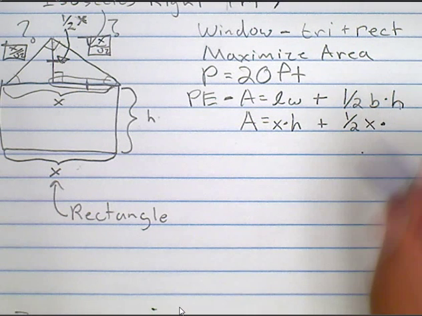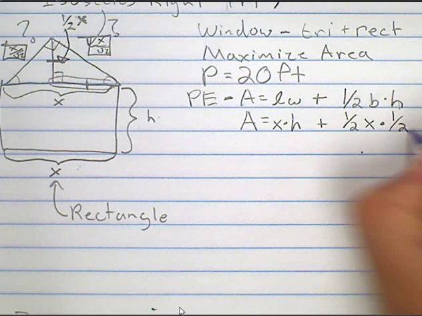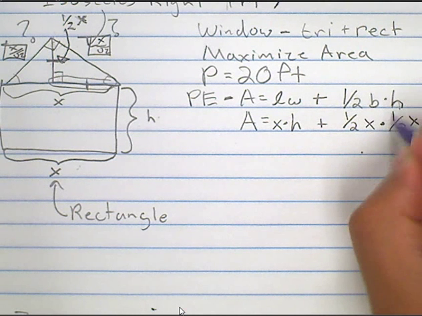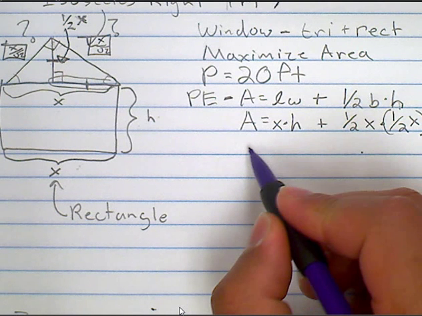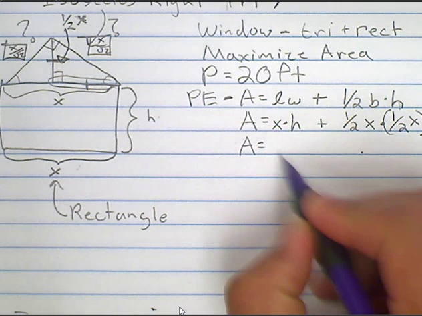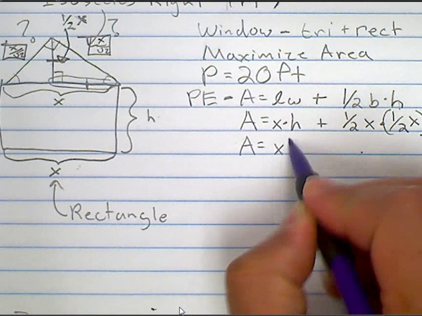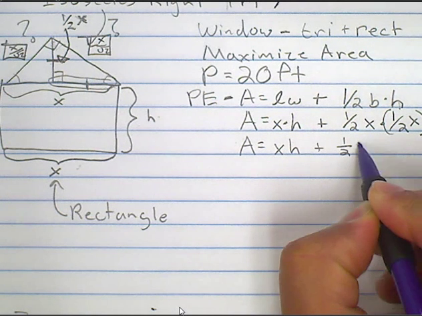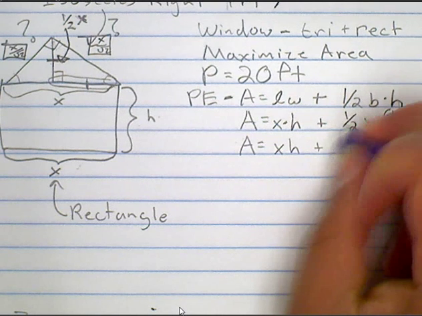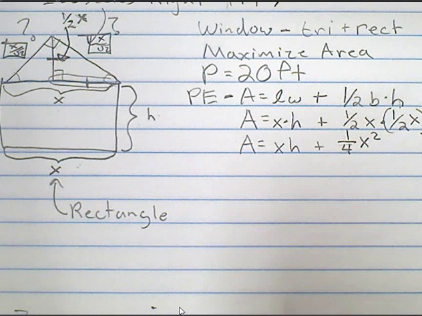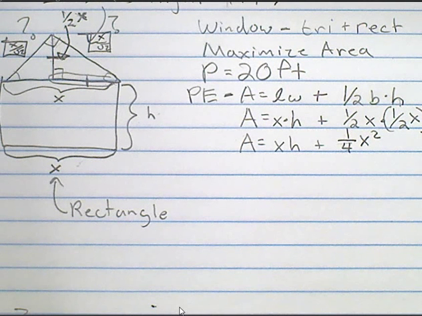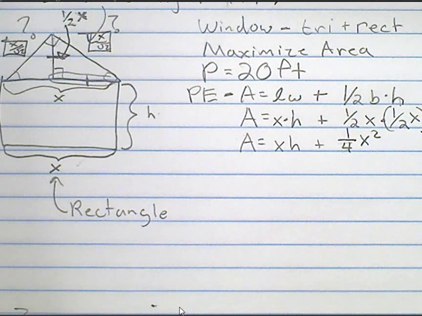So 1/2 x times 1/2 x. That's not too bad. So let's simplify it: xh plus 1/2, actually 1/4 x squared. That's what we have for our primary equation.